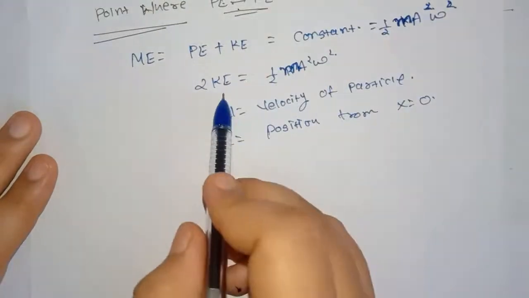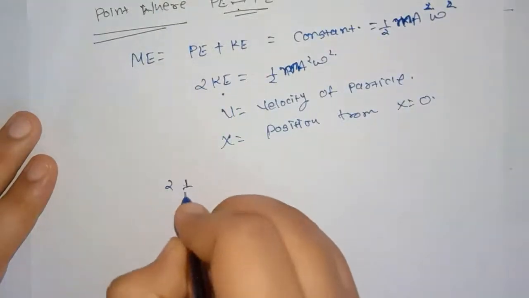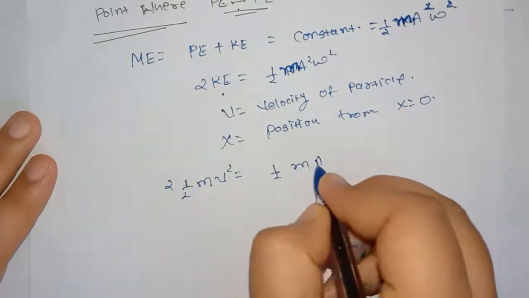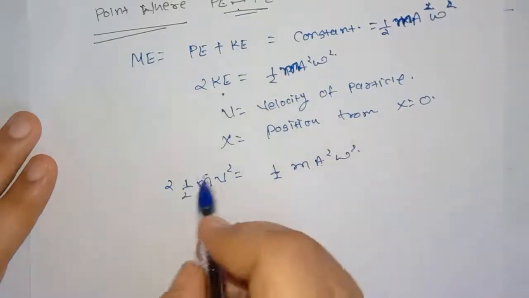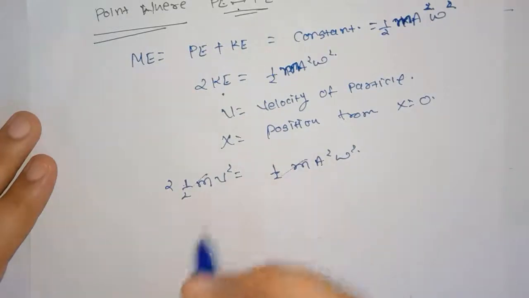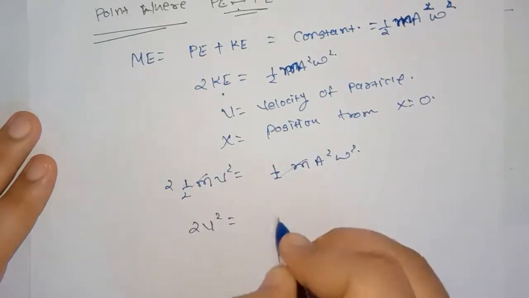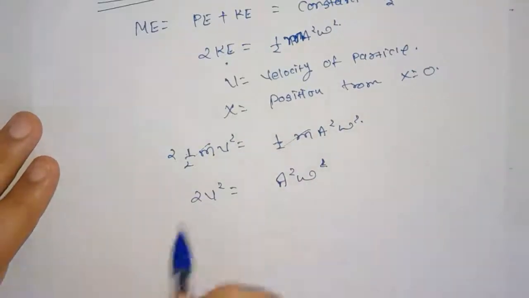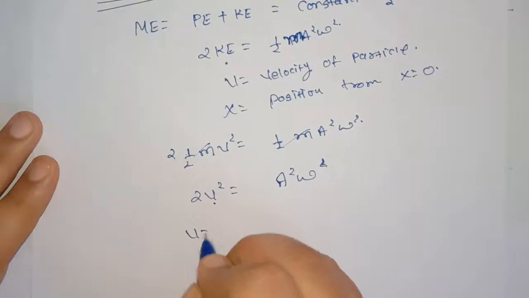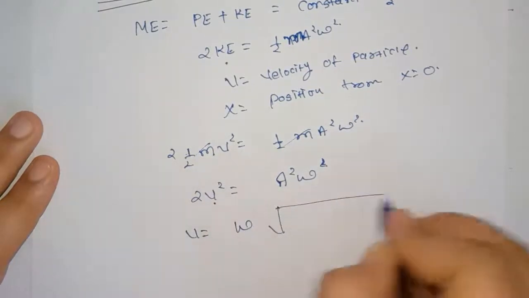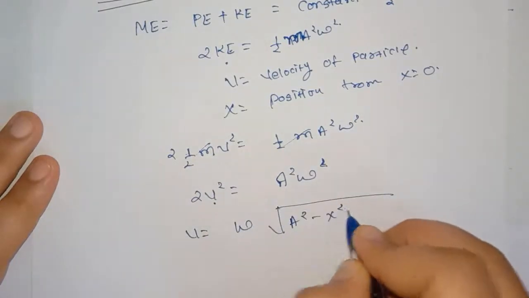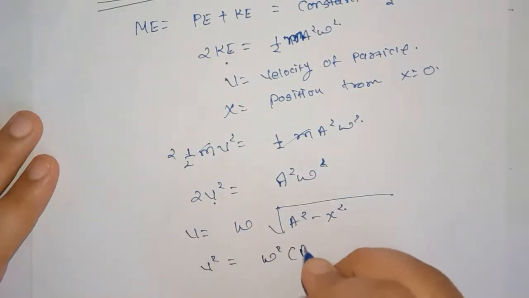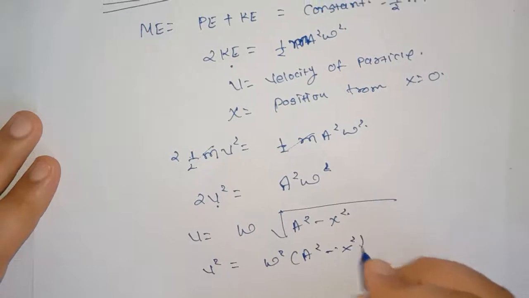So the kinetic energy at that point is given by half m v square, that is equal to half m a square omega square. This half m will get cancelled out, so we can write 2v square is equal to a square omega square. Velocity as a function of position is given by v is equal to omega under root a square minus x square. So v square will be omega square into a square minus x square.